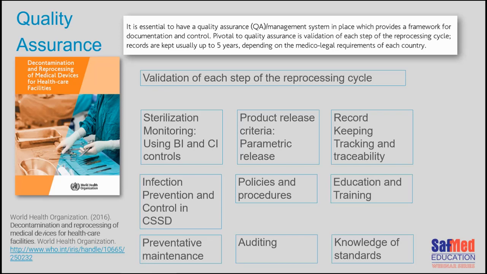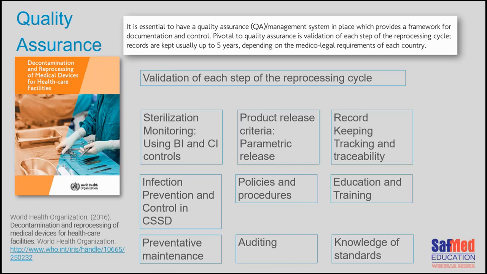It's record keeping, it's tracking and traceability, it's infection prevention and control measures that we need to put in place in our CSSD itself. It's the policies and the procedures, it's the education and training. It's the preventative maintenance, it's the auditing process, and it's the knowledge of standards.